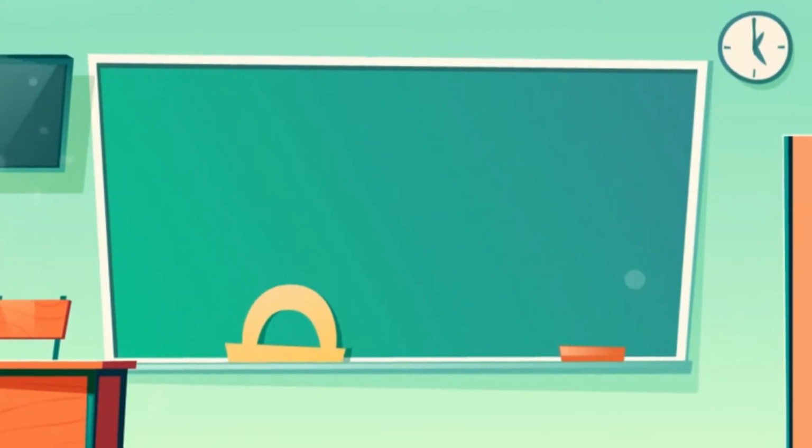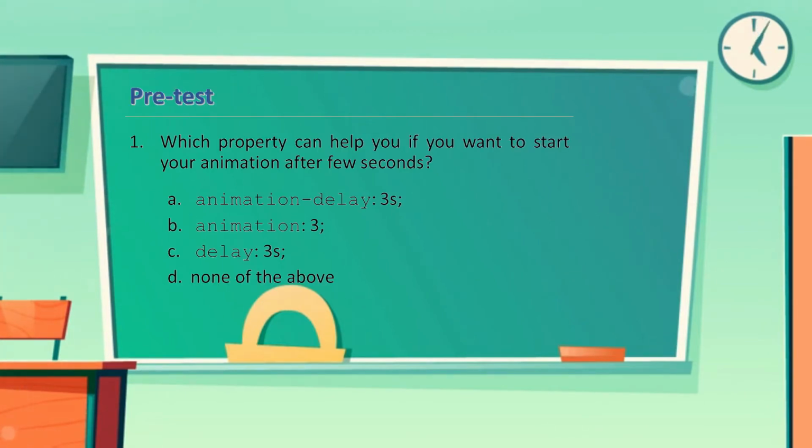Now, get ready your pen and paper and write the correct letter of the correct answer. Number 1. Which property can help you if you want to start your animation after few seconds? Letter A. By using animation delay property with 3 seconds value.